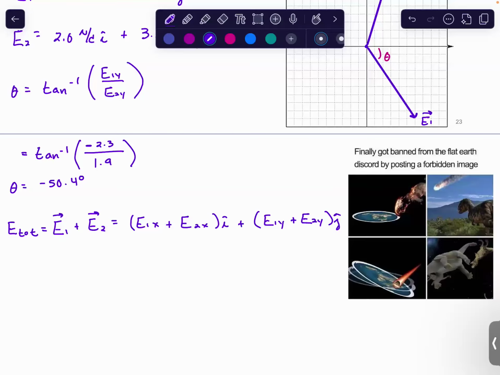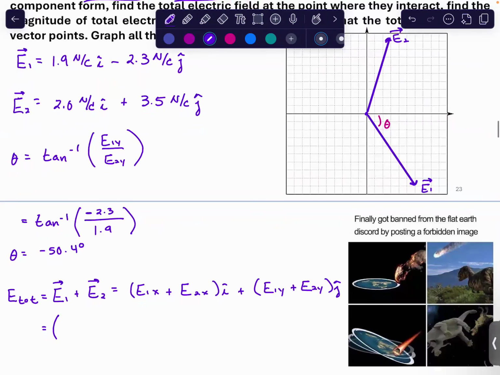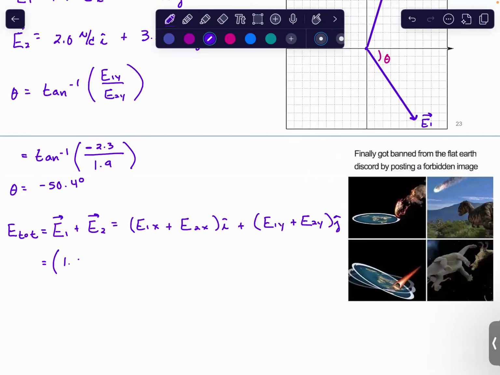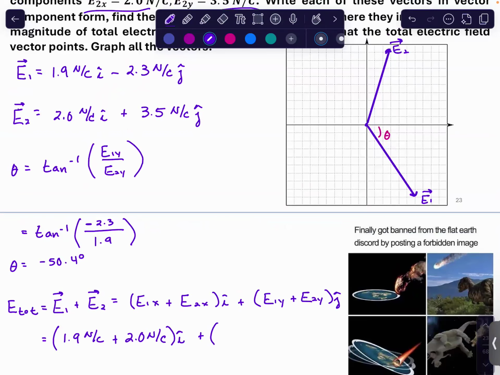All righty. So now that we have the formula written out, my E1x is going to be 1.9, my E2x is going to be plus 2.0 newtons per Coulomb, that's my i hat. Plus my E1y. Now you remember my y direction for E1 is negative, so I have to bring that in there.